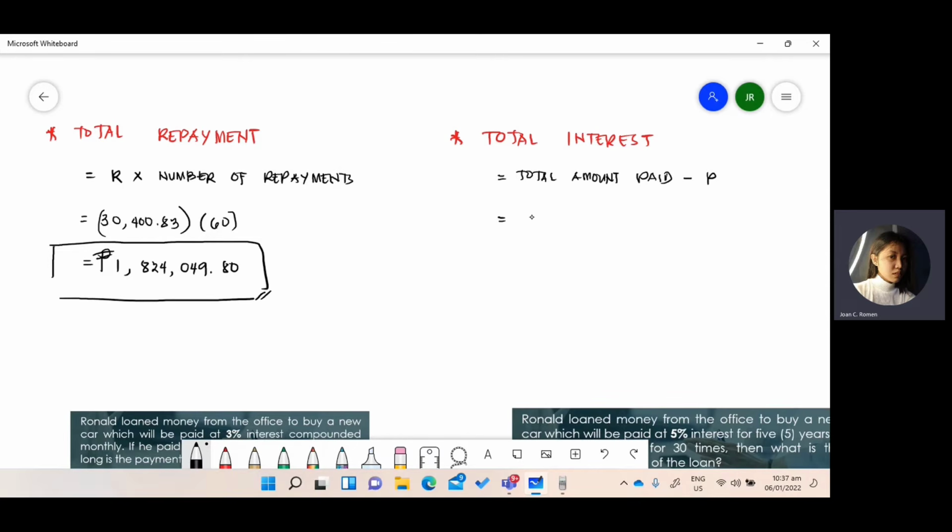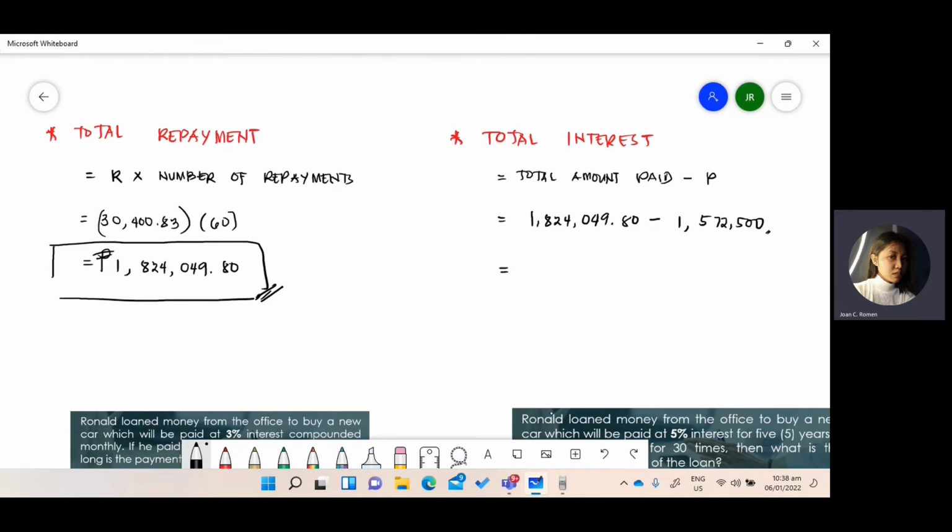And that is equal to the total amount paid. How much did you pay in total? 1,824,049.80. Then minus the principal or the beginning balance, which is 1,572,500. That is what we got earlier when we removed the down payment.